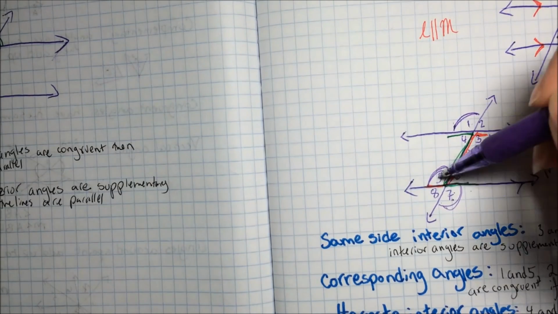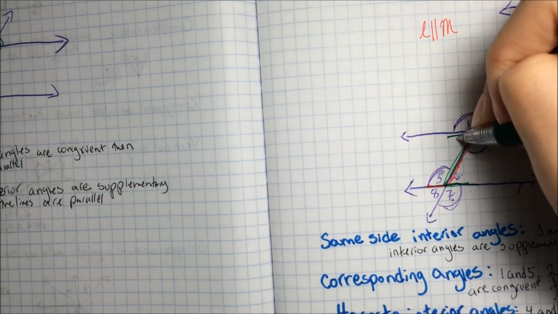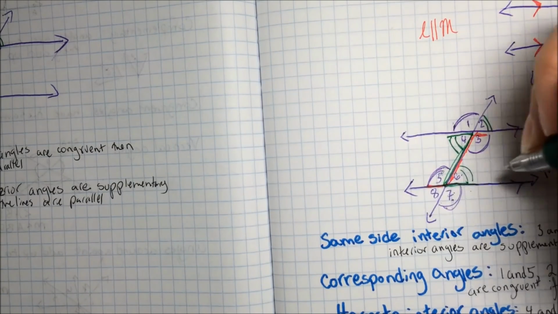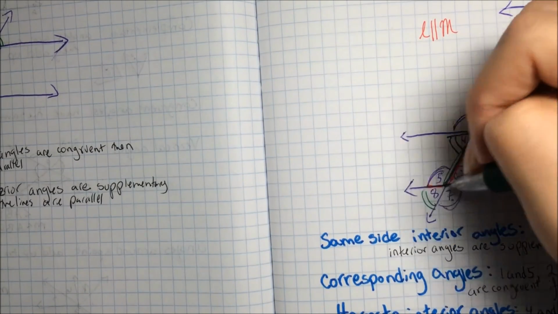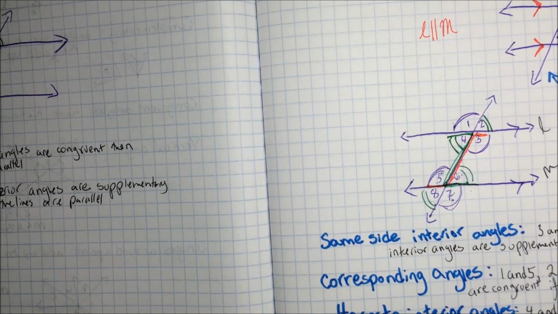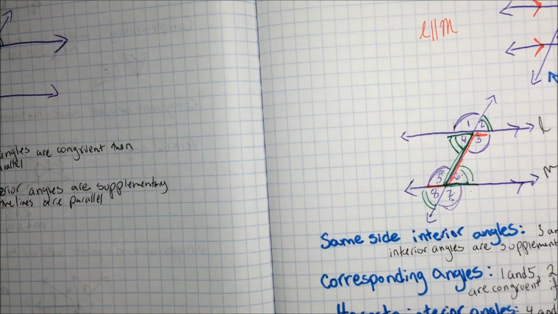So as you see, 1, 3, 5, and 7 always end up being congruent. 2 and 4 are congruent because they're vertical. 4 and 6 are congruent because they're alternate interior. And 6 and 8 are congruent because they're vertical. So 2, 4, 6, and 8 always end up being congruent. And if you can kind of memorize this diagram, it makes figuring out these things a lot easier.